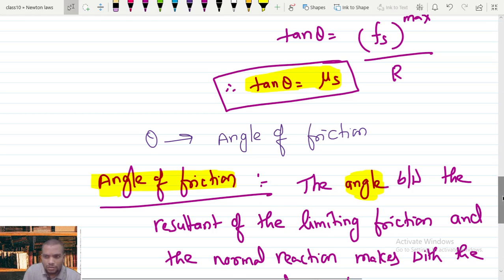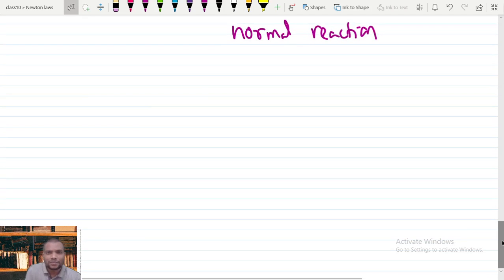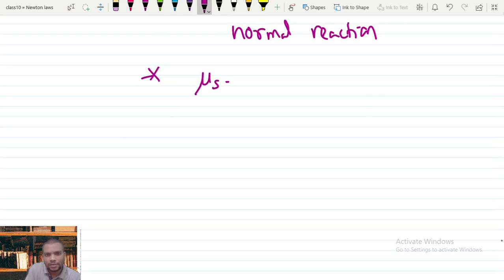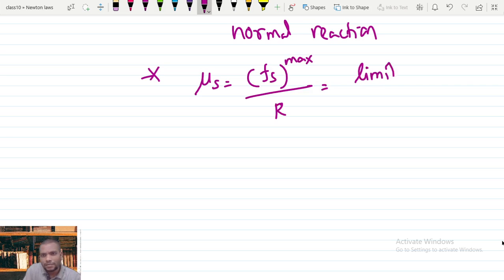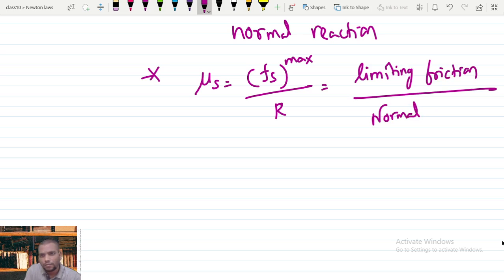Now we got two formulas for the coefficient of static friction. The first formula: mu suffix s equals Fs max upon R, the limiting friction upon the normal reaction. With respect to angle, mu s equals tan theta.